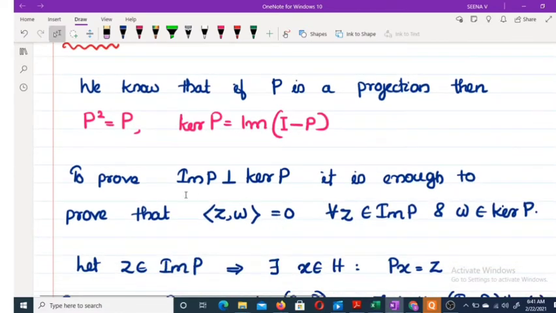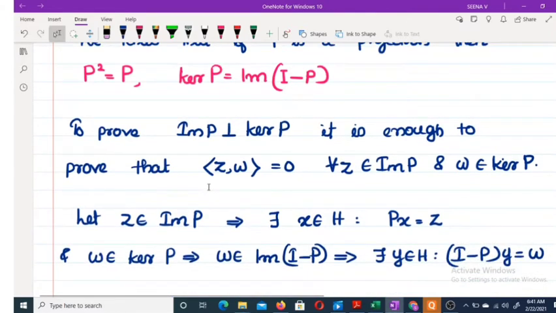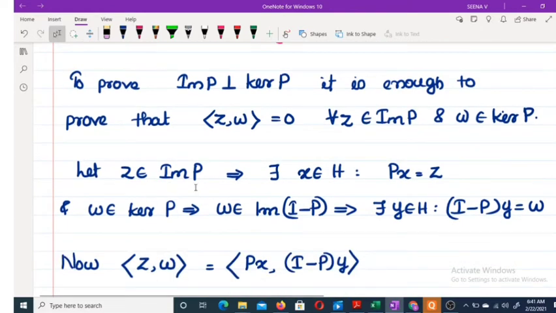So to prove image P is orthogonal to kernel P, it is enough to prove that inner product of z and w equals 0 for every z belonging to image P and w belonging to kernel P. Let z belong to image P. That means there exists an x in H such that Px equals z.